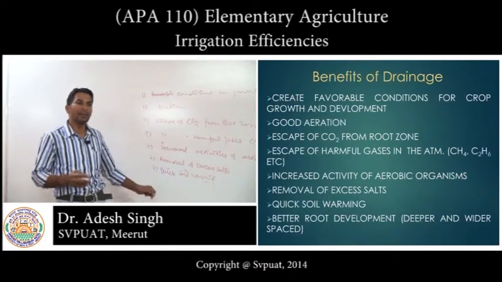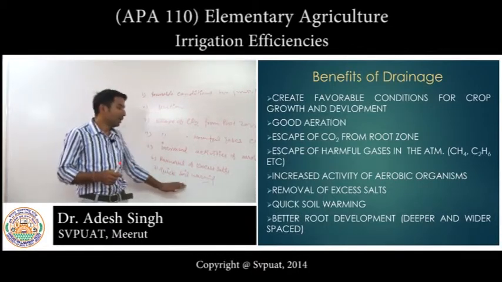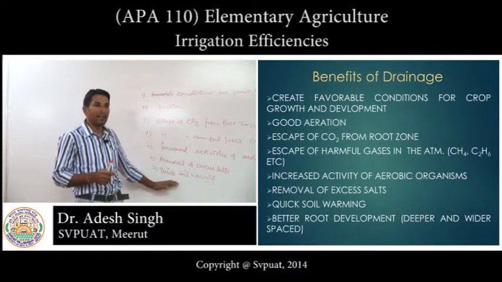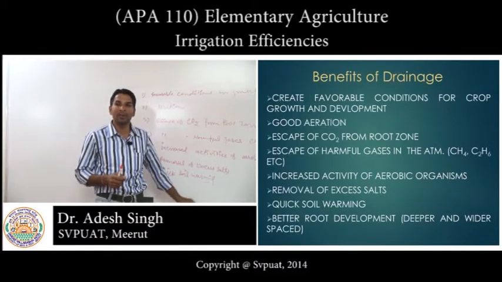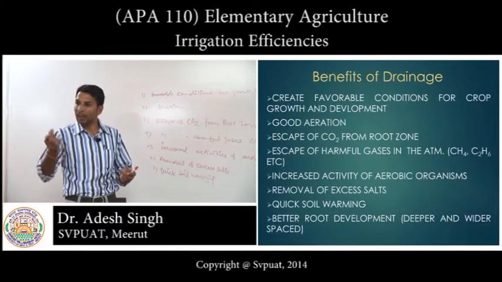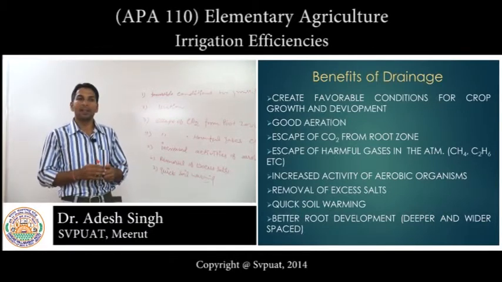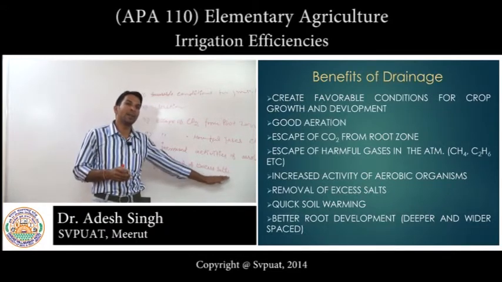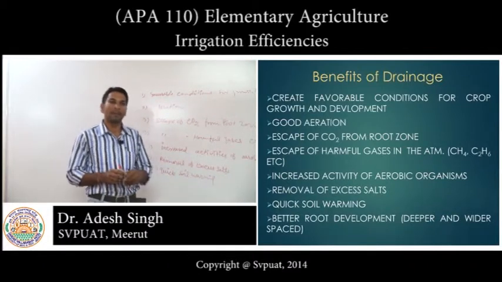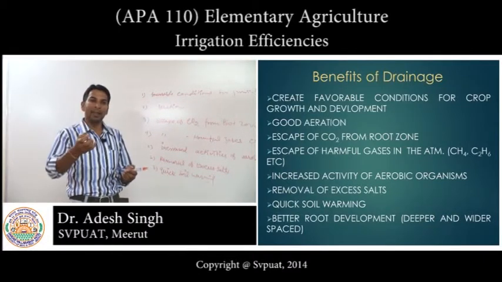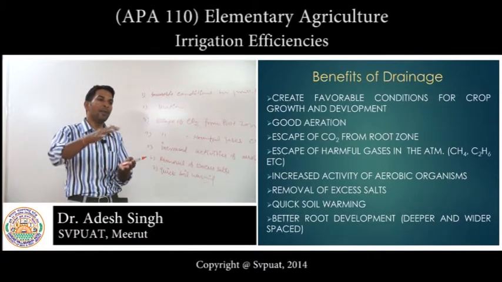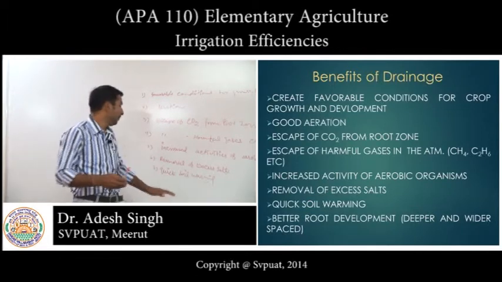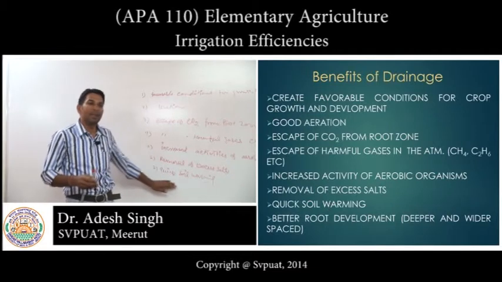Particularly in the winter months, the warming is quicker in the presence of air as compared to water, because water will trap the heat, and the soil will warm over a longer period of time as compared to when water is not present.